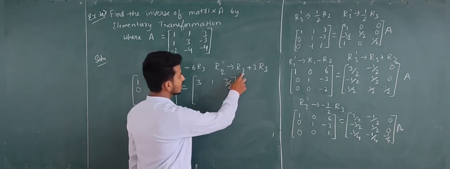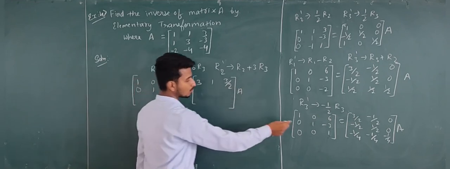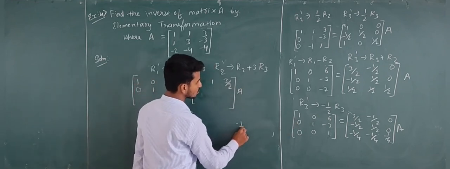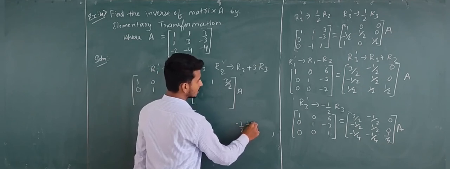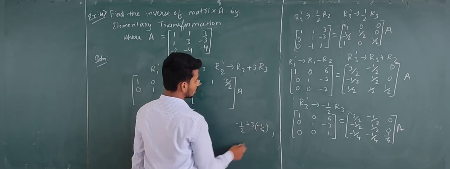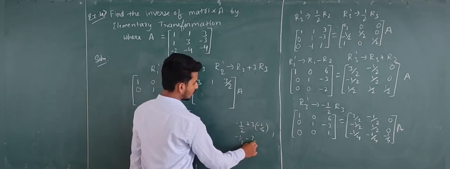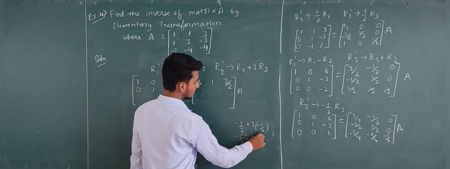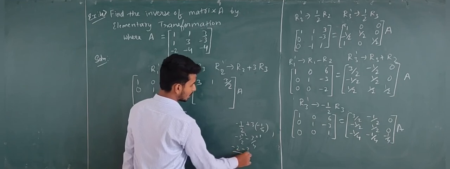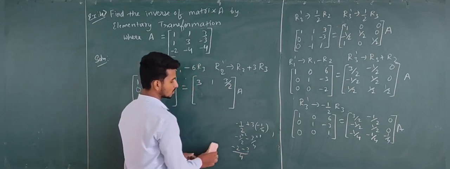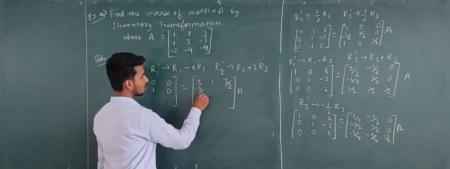Next, R2 plus 3 R3 is minus 1 by 2 plus 3 times minus 1 by 4. So this will be minus 1 by 2 minus 3 by 4, so 2 into 1: minus 2 minus 3 divided by 4, minus 5 by 4.